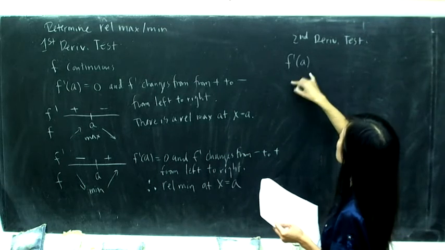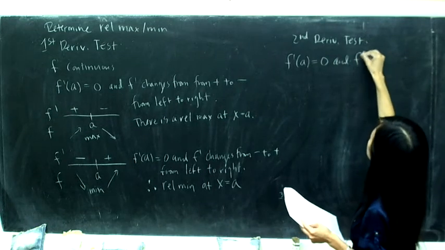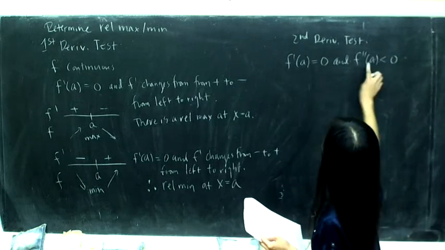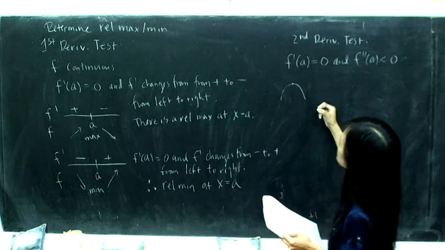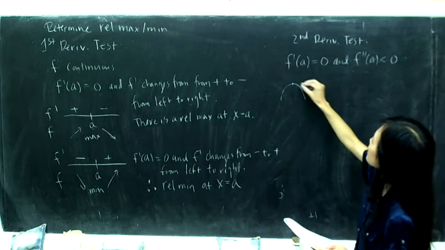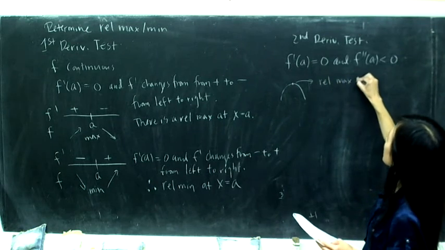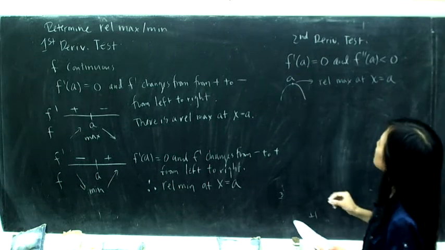So if you have f first derivative 0, and then f second derivative is less than 0, then this scenario is concave down, right? Second derivative less than 0, this way. So that means this one becomes our relative maximum, right? So then we have a relative max at x equals a, something like that.